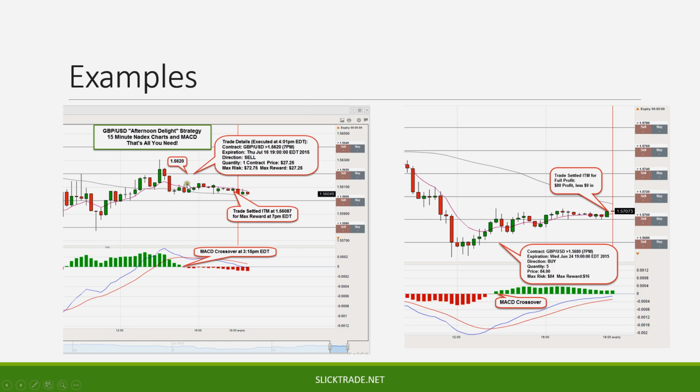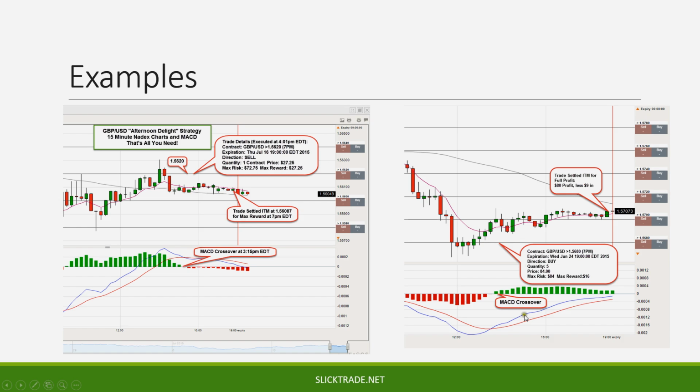Since it was a crossover to the downside, you'd be selling. And we had a high right here, so you'd grab a strike price that's above that. The strike that was available was 1.5620. He risks 72.75 for a max reward of 27.25. And at 7 p.m., the trade settled in the money for the max reward of $27.25 per contract.